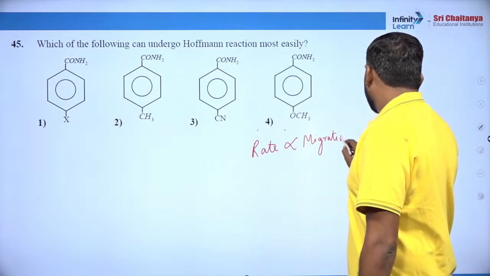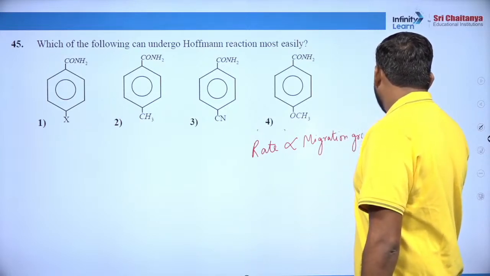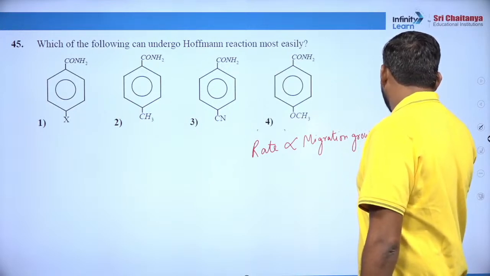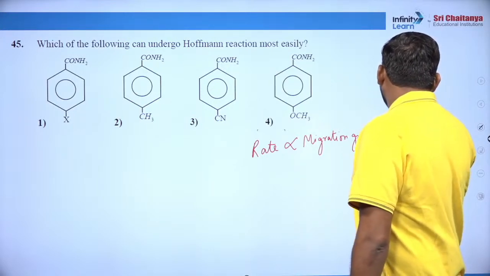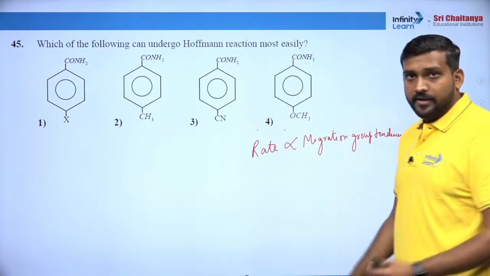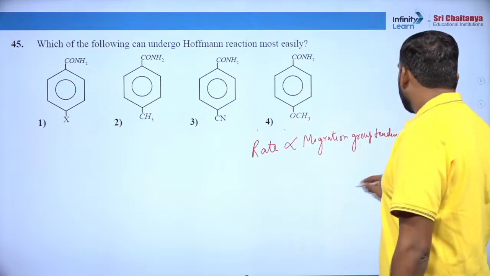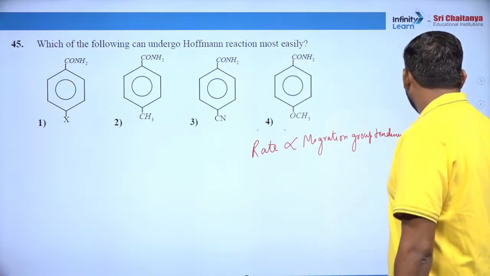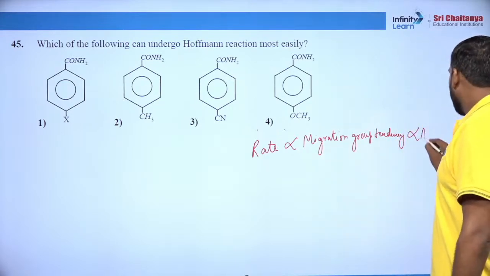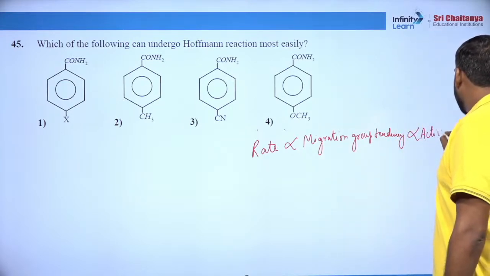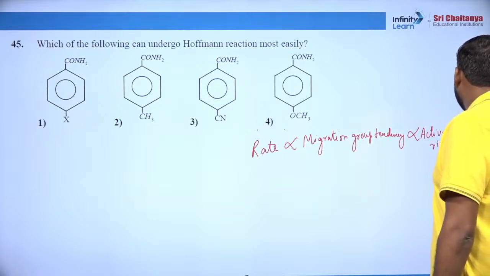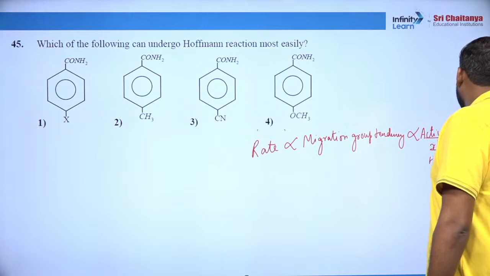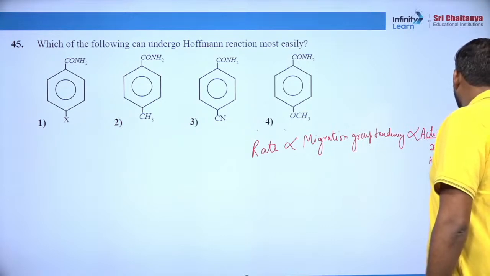The easier the migration, the higher the rate. And migrating group tendency is directly proportional to the activating group. The more activated the ring, or the higher the electron density in the ring, the higher the rate.